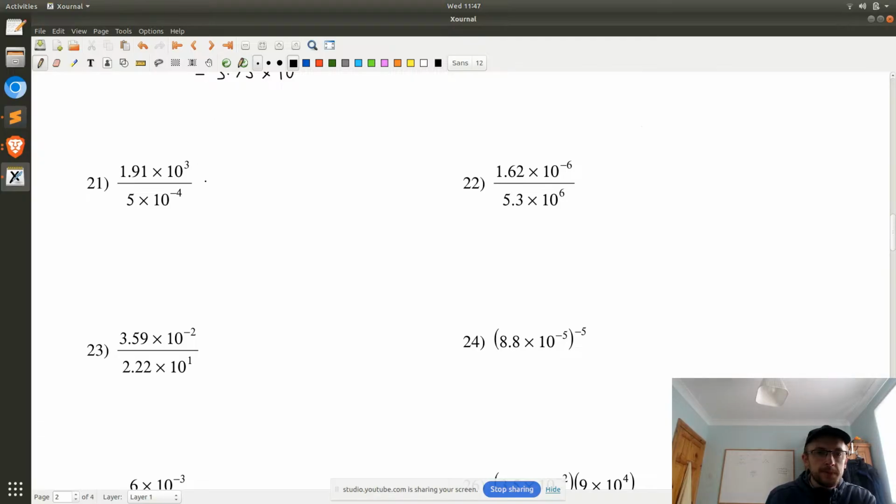And now divide that by 5. So 0.382. And that will be that. Bigger, smaller. I cannot do that calculation.